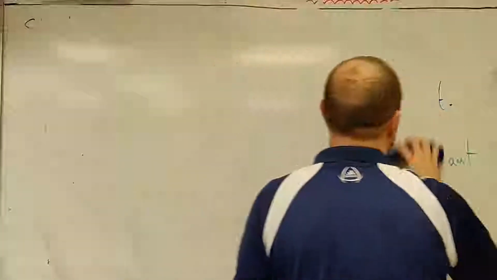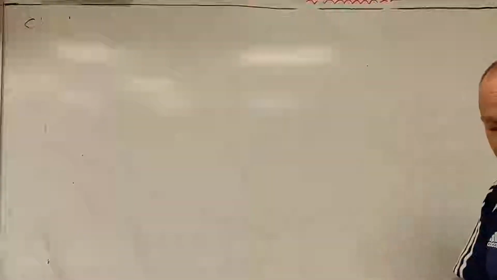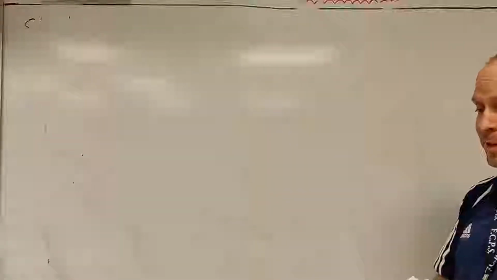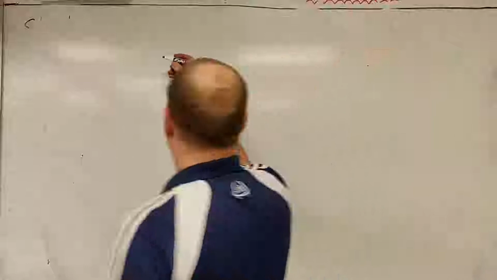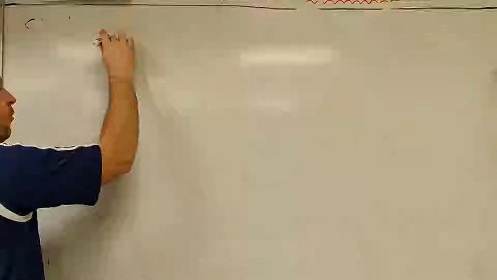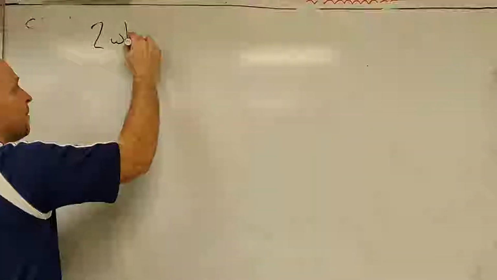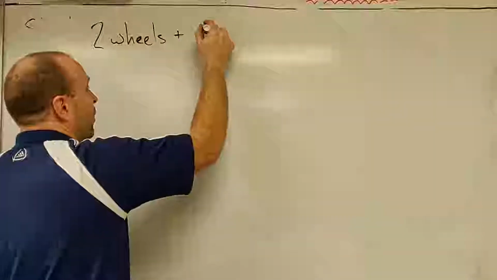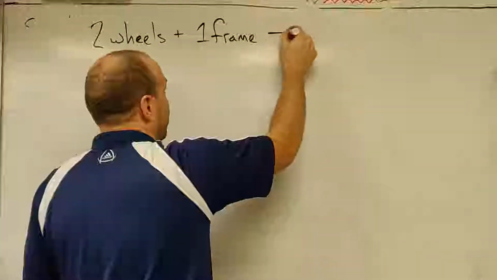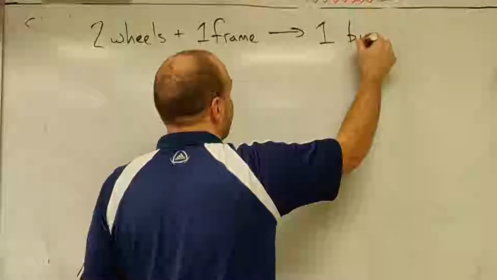Step one, look at a problem and panic, but step two is we have a process in place, let's follow that. So if you forgot our top secret bicycle formula: 2 wheels and 1 frame give you 1 bike.